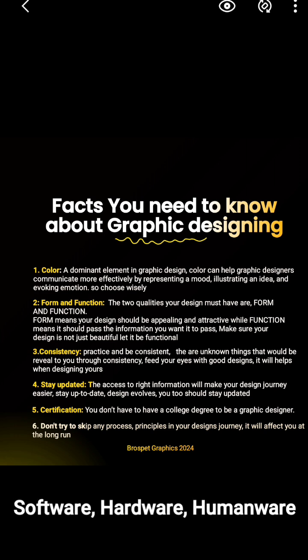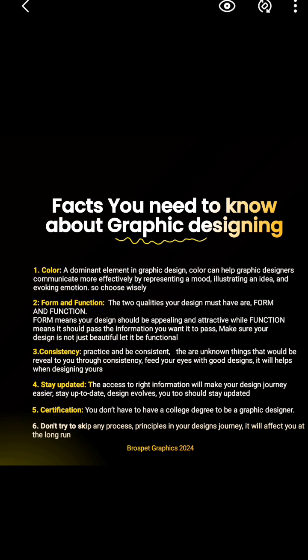There's something called software, hardware, and humanware. Software are the things you cannot see that are working inside. Software are the tools that you use to carry out the design process.